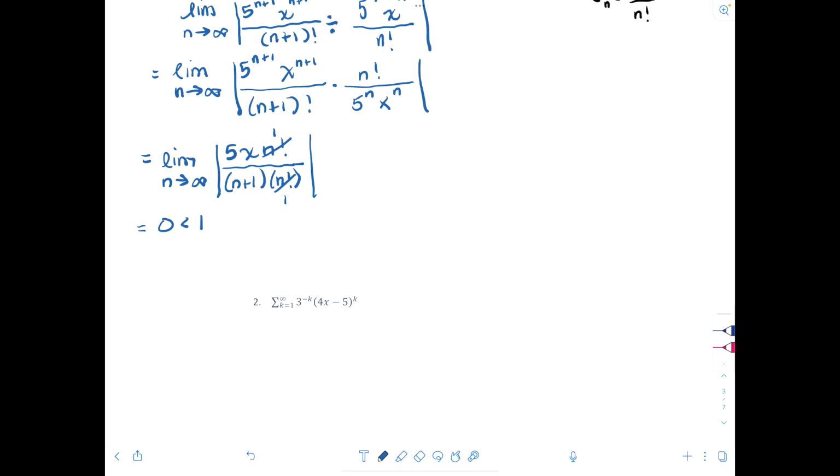0 is less than 1, and so we have that it converges absolutely for all x.